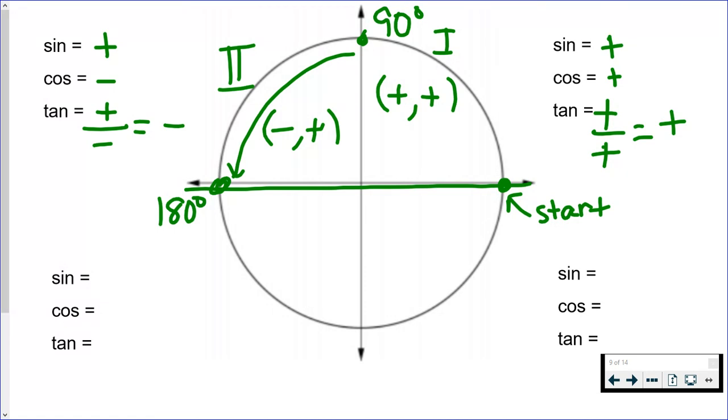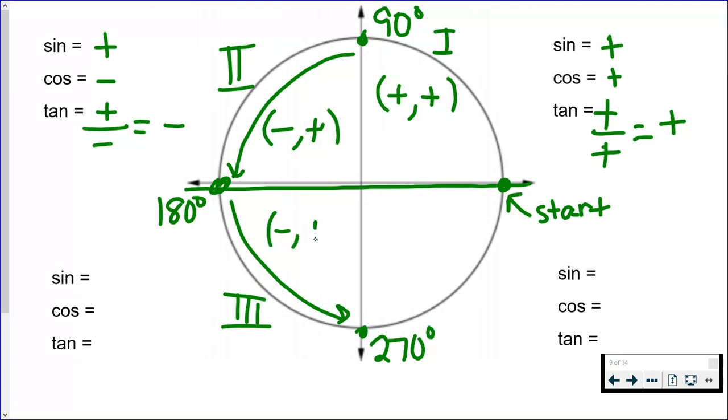Moving on to the third quadrant, if I rotate another 90 degrees, I'm now at 270. So any angle between 180 and 270 is going to have these signs for the trig functions. To get to quadrant 3, you would have moved left and down.